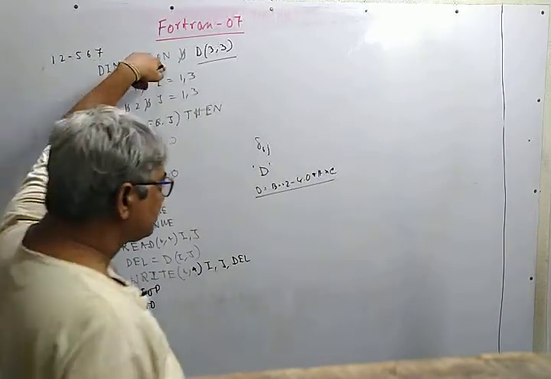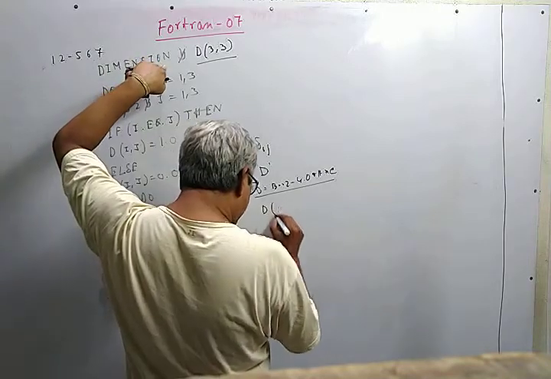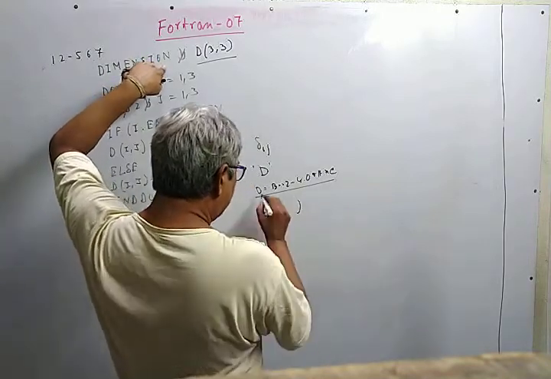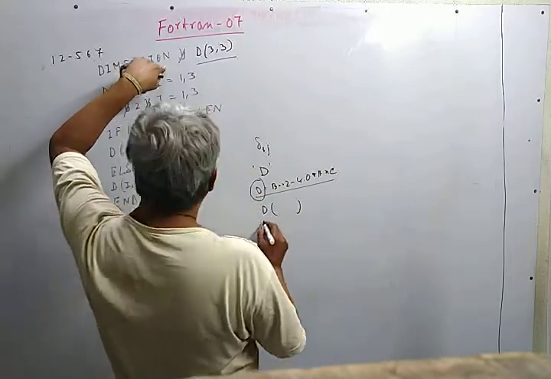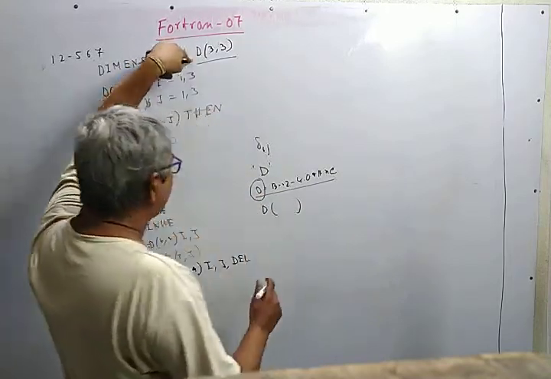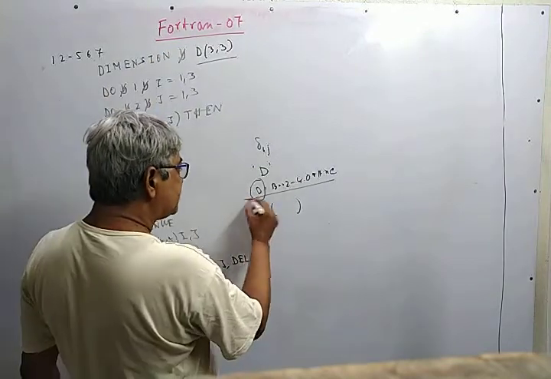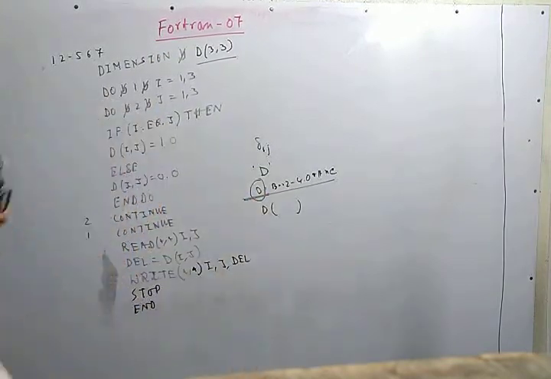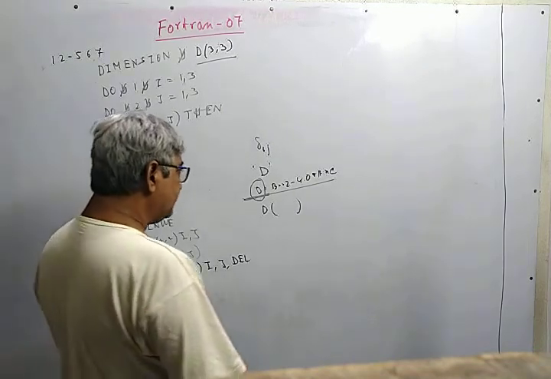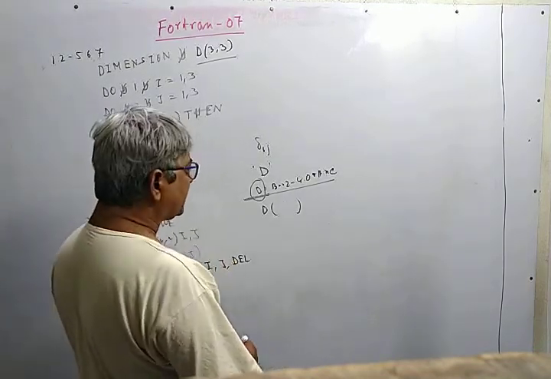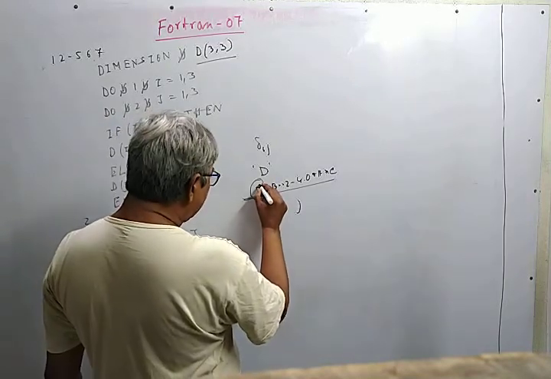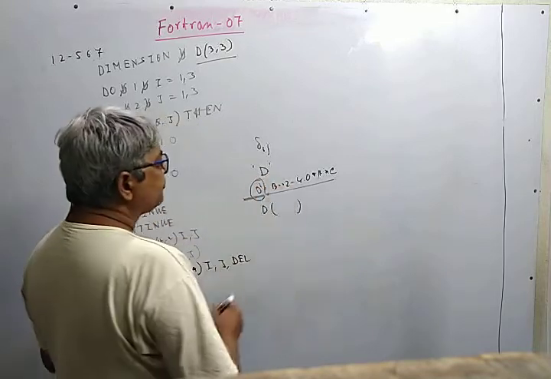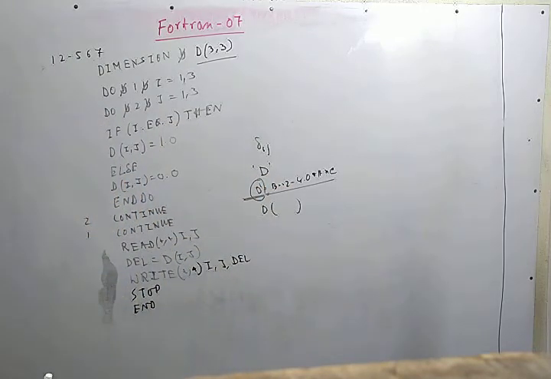So whenever you write d, its argument has to be written, but here there is no argument, so it contradicts. Here we have assigned d to be an array variable, and here it is not an array, so it will give you an error message. This precaution has to be taken. If the situation arises to introduce such a variable, then d1 or something may resolve the problem.